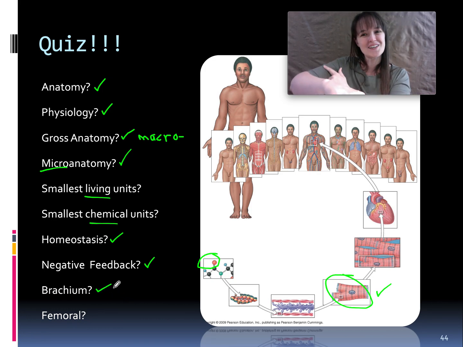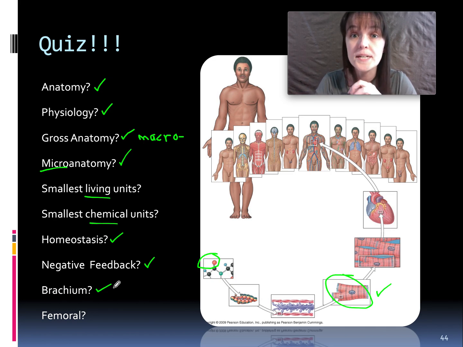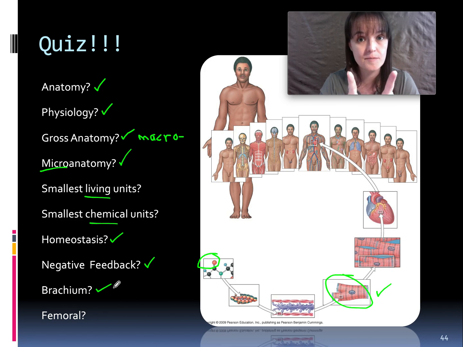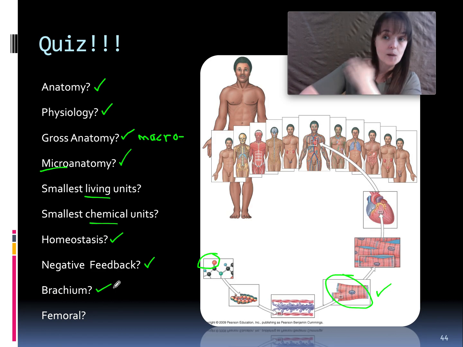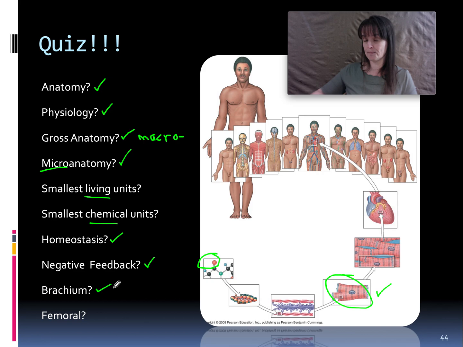The brachium is the arm, the brachial region. What's the femoral region? Where the femur is, so the thigh. Remember, not the leg, because that's below the knee. The thigh is from the hip to the knee, and the leg is from the knee to the ankle, just like the arm is from the shoulder to the elbow, and the forearm is from the elbow to the wrist. Upper limb, lower limb. So that's how that works.